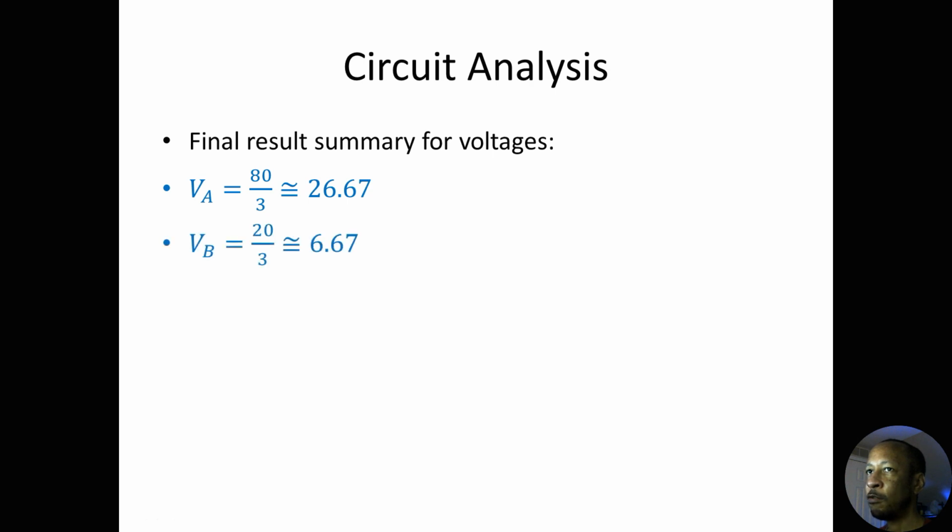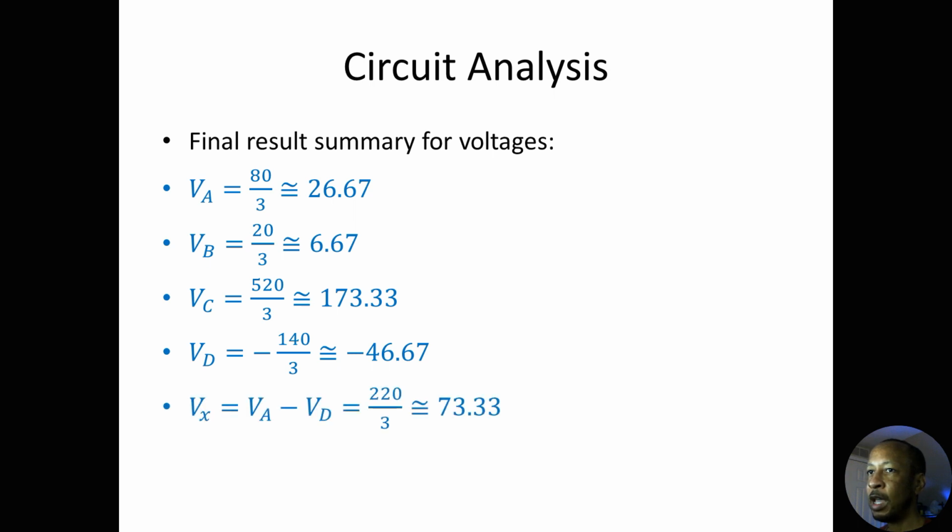VB equals 20 over 3, which is approximately equal to 6.67. VC equals 520 over 3, which is approximately equal to 173.33. VD equals negative 140 over 3, which is approximately equal to negative 46.67.